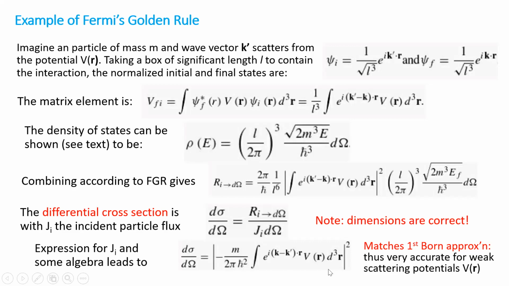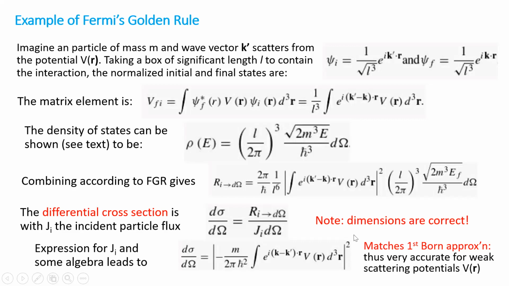What's in the brackets here is the scattering amplitude, f of theta and phi. And then the square of that is the differential cross section. So this matches what we get in the first Born approximation. And we know that the first Born approximation is very accurate for weak scattering potentials.